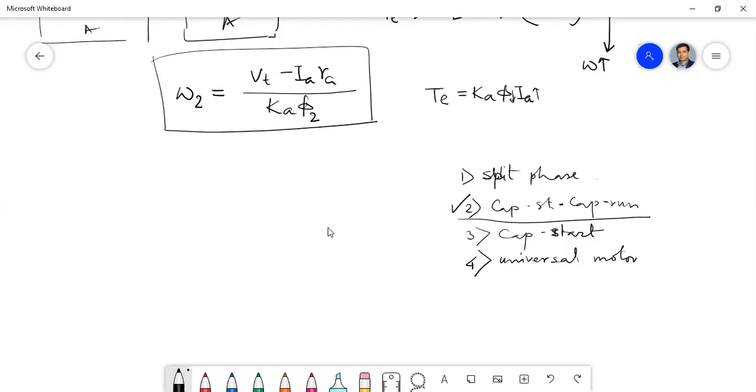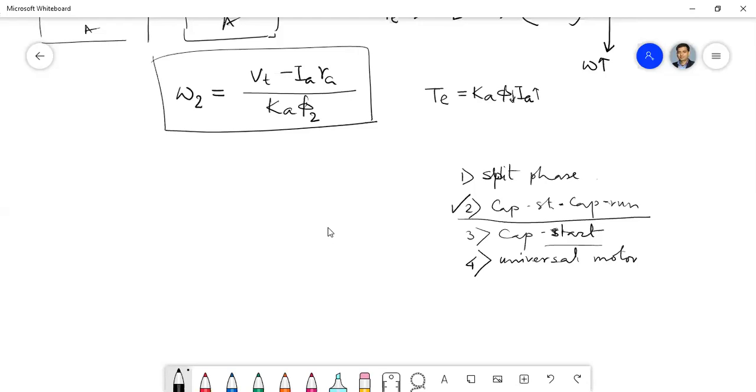Because we need the capacitor, and the capacitor remains in the circuit for the running condition as well. For a capacitor start motor, during running the capacitor is disconnected from the circuit by a centrifugal switch. When the rotor achieves a certain speed, the centrifugal switch takes the capacitor out of the circuit.